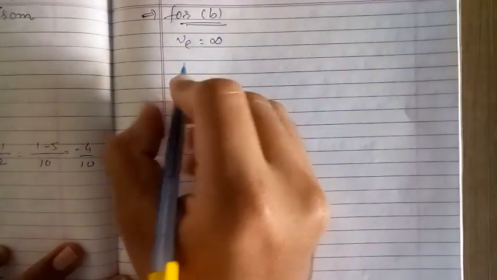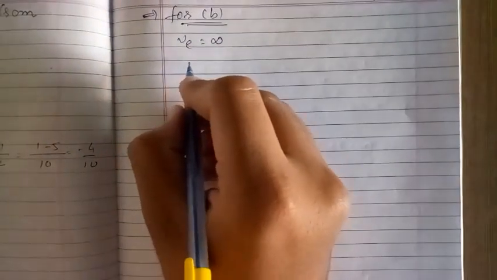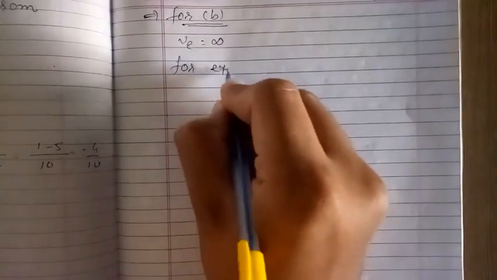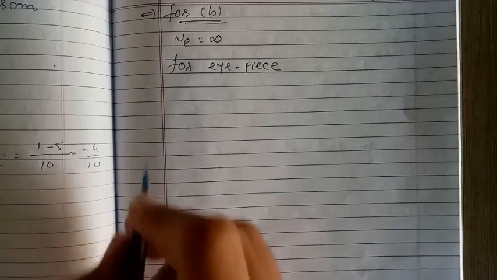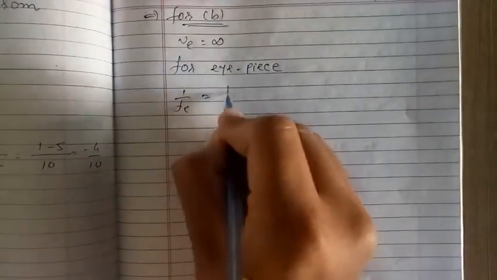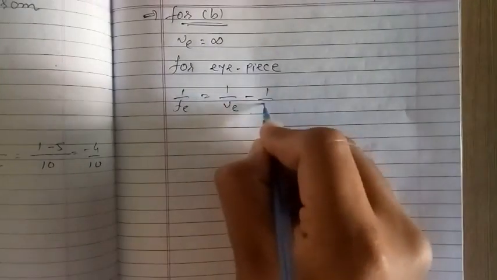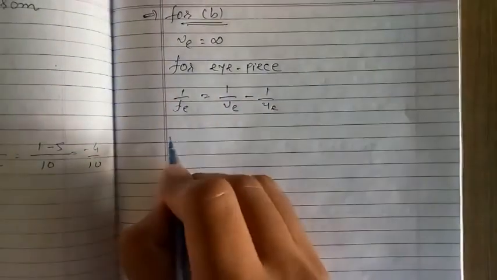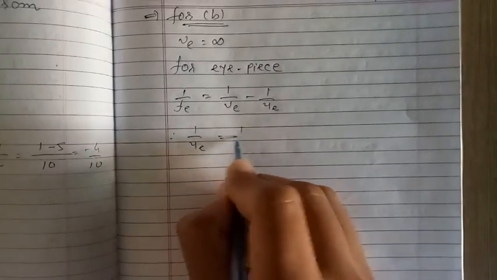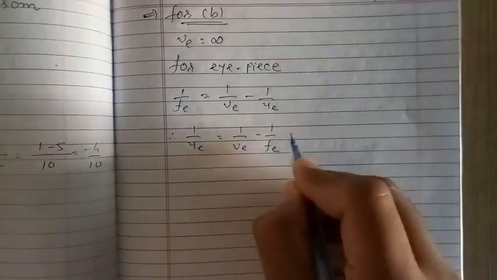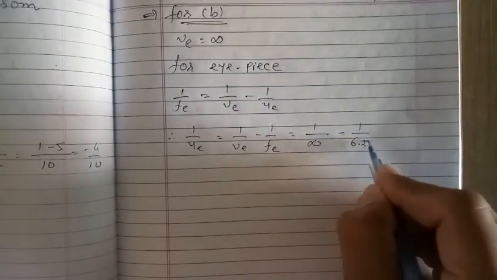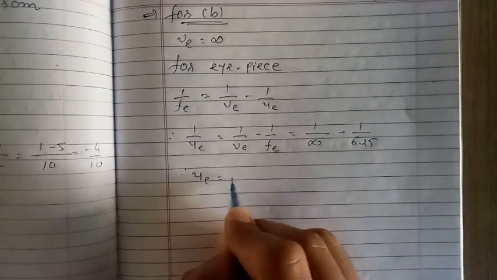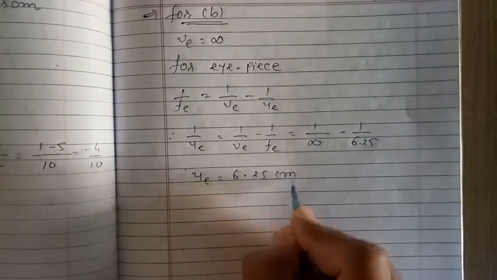So from the lens formula for eyepiece, 1 by FE is equal to 1 by VE minus 1 by UE. We have to find out UE. So 1 upon UE is equal to 1 upon VE minus 1 upon FE. So 1 upon VE infinite minus 1 upon FE, 6.25. So we get UE is equal to 6.25 centimeter, but minus.